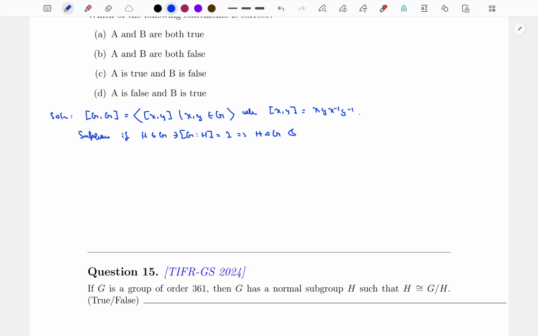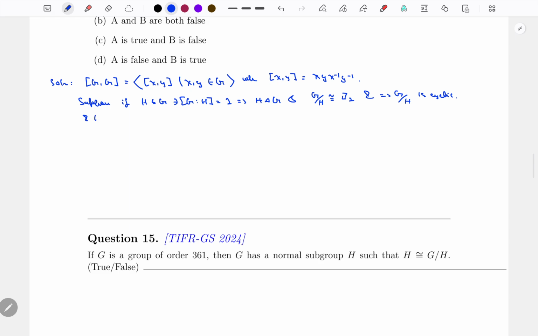We have discussed previously that if you have a subgroup of index 2, then that subgroup will come out to be a normal subgroup. But something more which we can conclude, in every such scenario, is that G mod H is isomorphic to Z2, and this implies that G mod H is cyclic, in fact abelian, and hence abelian.